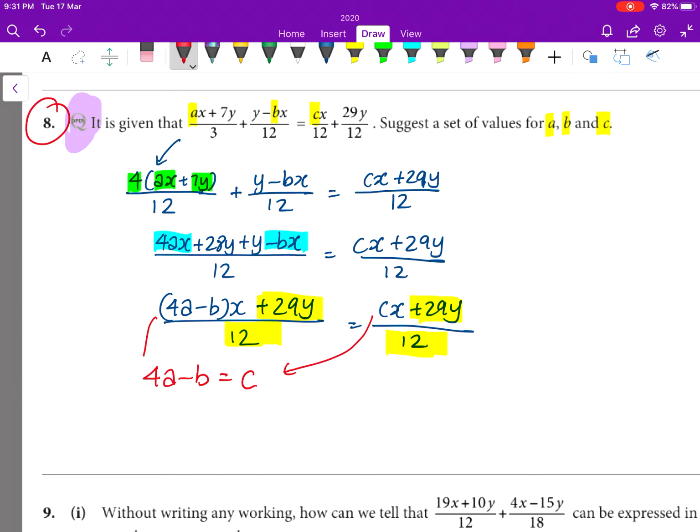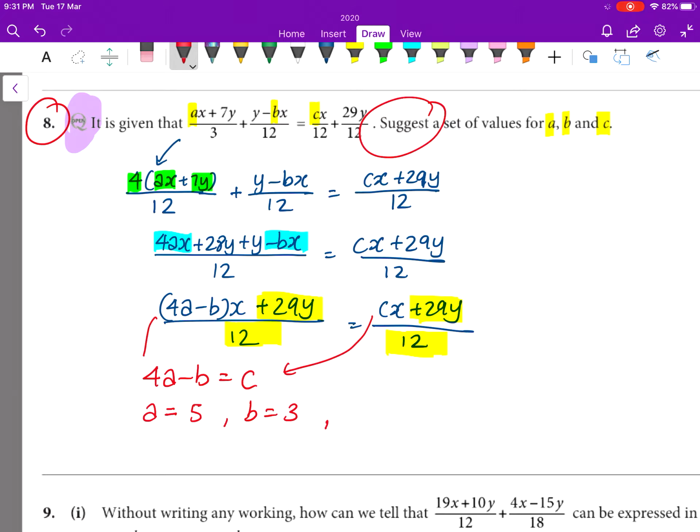Right, so we have this expression. They say suggest a set of values of a, b and c. How about we give them some values? For example, we can let a be any number. Okay, for example, let's say 5, and b will be 3.